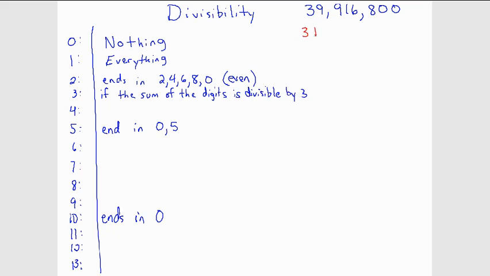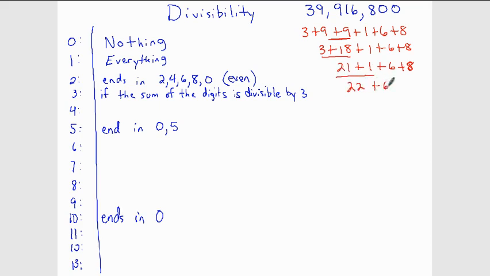Well, let's add 3 plus 9, plus 9, plus 1, plus 6, plus 8, and then we don't need to add the 2 zeros. Well, I know 9 and 9 is 18. So 3 plus 18 plus 1 plus 6 plus 8. I know we get 21 here. We get 22 here.